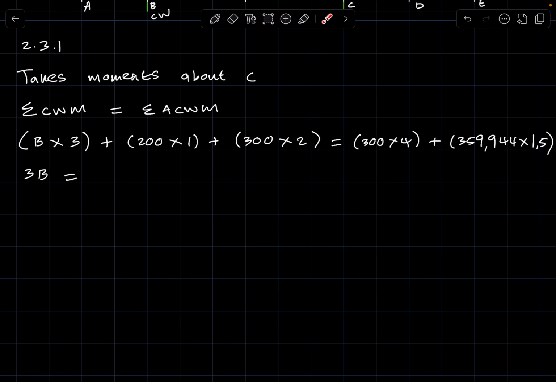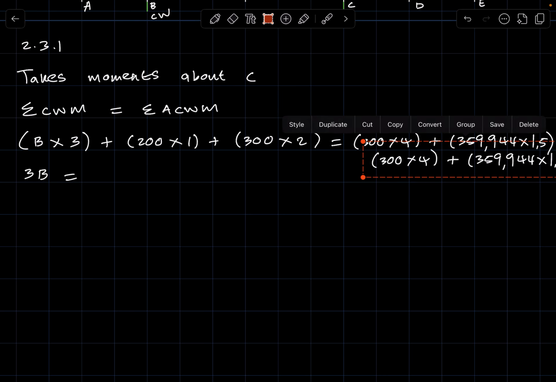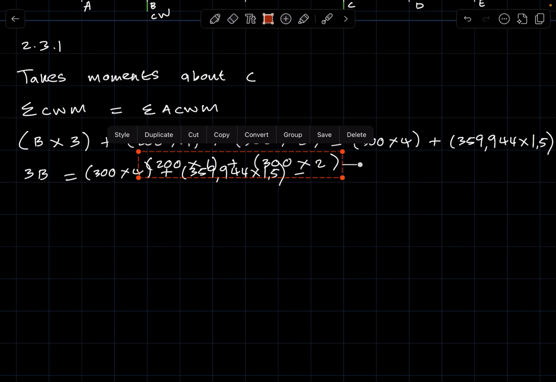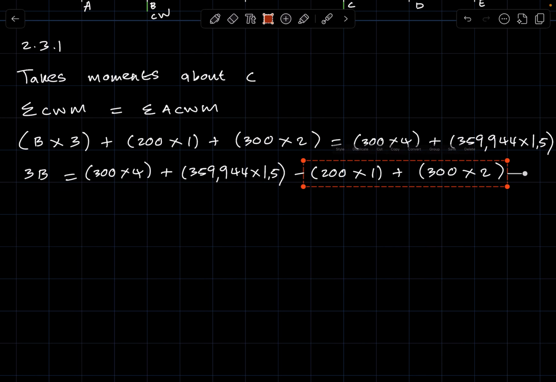When you do that, we will be left with, so this remains positive, and then obviously when you transpose these two, they then become negative. So minus this, that is negative as well.